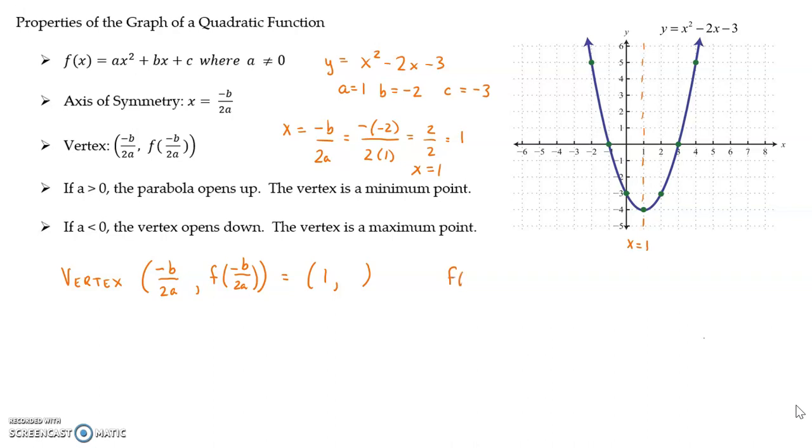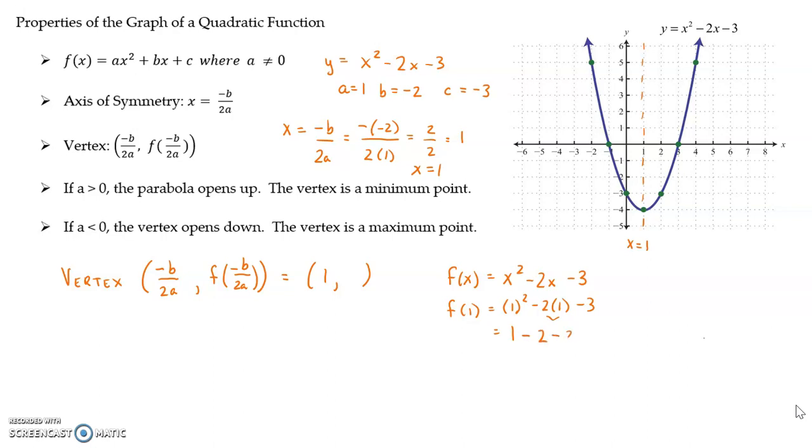Right, the function I'm working with is x squared minus 2x minus 3. And we want to go ahead and calculate f of 1. So we're going to plug in a 1 for each of these x values. And then we can go ahead and calculate this out. 1 squared is a 1. 2 times 1, we get a negative 2 here.